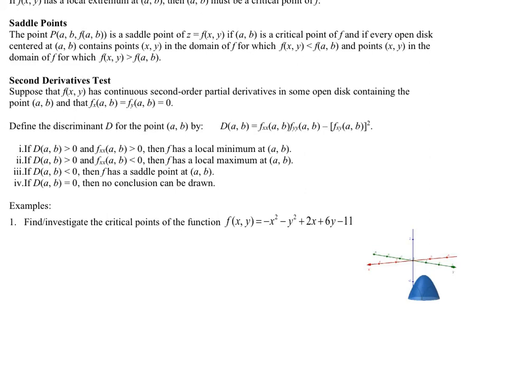Now, generally, what I do, I mentioned this before, is I give you the graph on a test. So I'll give you a GeoGebra graph, and this one's beautiful. So it says find/investigate the critical points of the function, meh. And so you look at the picture and you're like, wow, there's clearly a maximum point right there. All right, so that's what I do for you because you don't have the ability to come up with a graph.